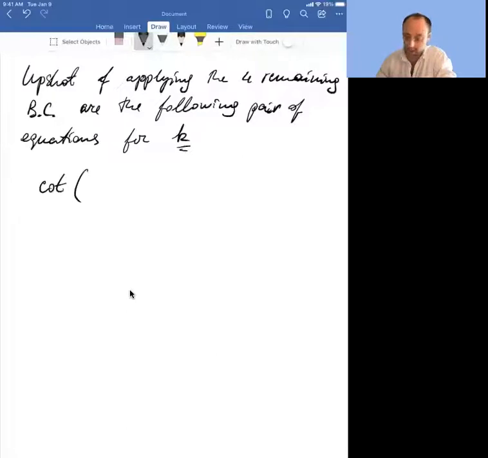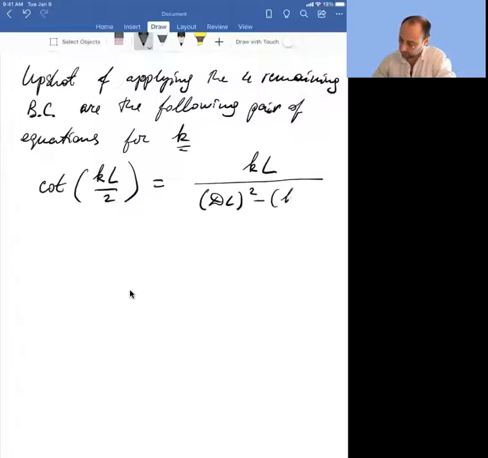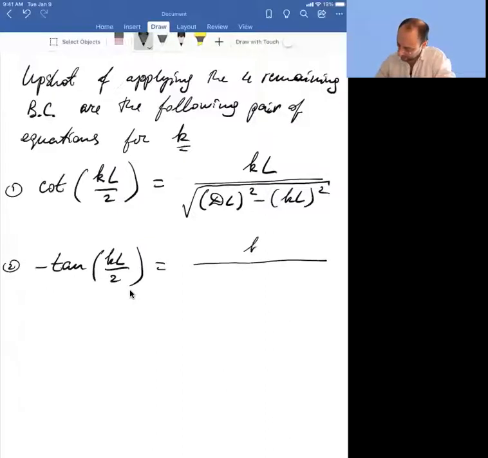The first equation is the following. And the second equation is, and the right hand side is the same.